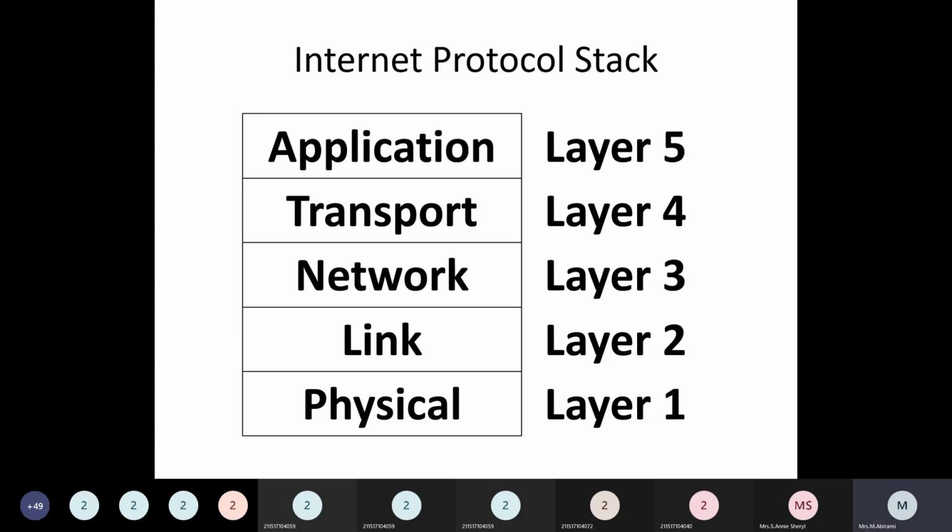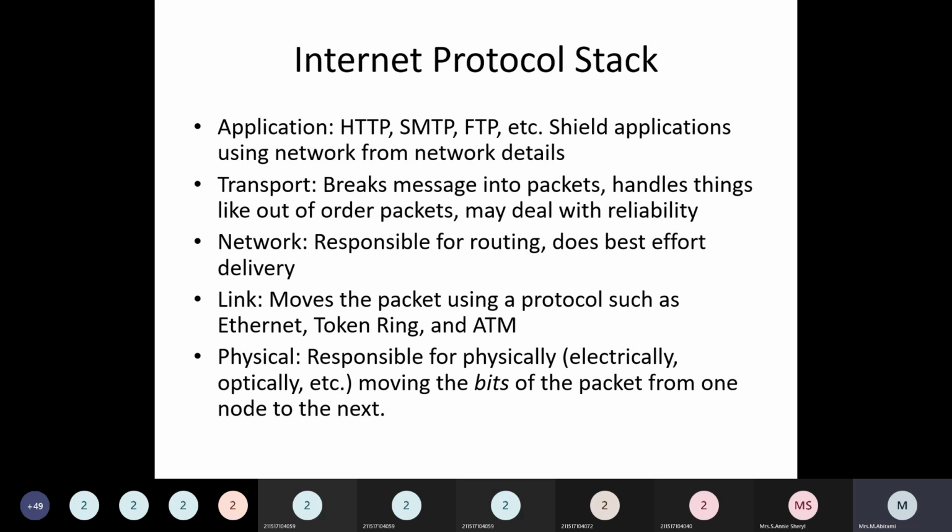The communication in the internet protocol stack uses five layers: application, transport, network, data link layer, and then physical layer. The protocol stack uses protocols for the development of network-based software systems under the principles of protocols.